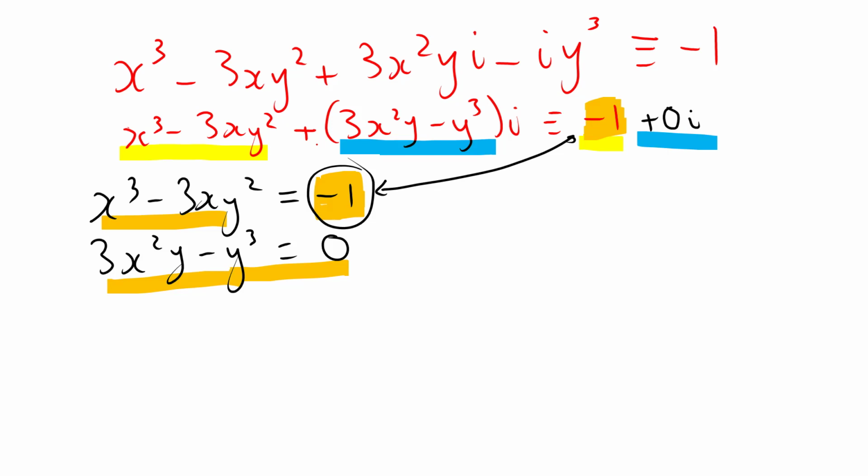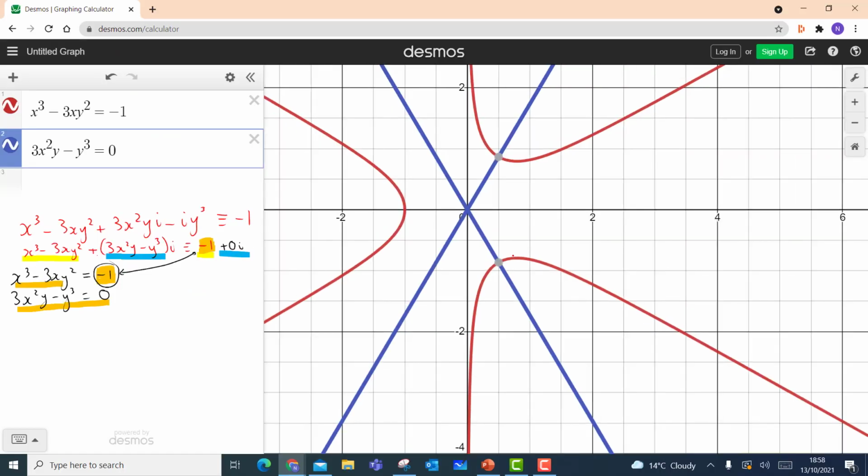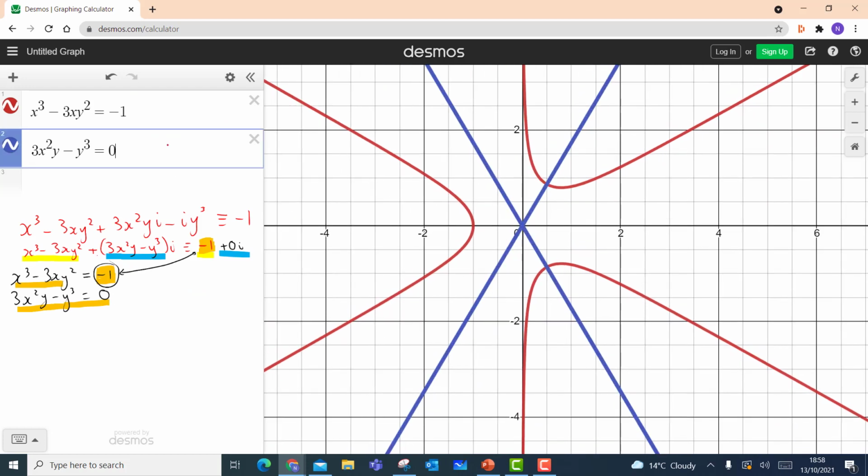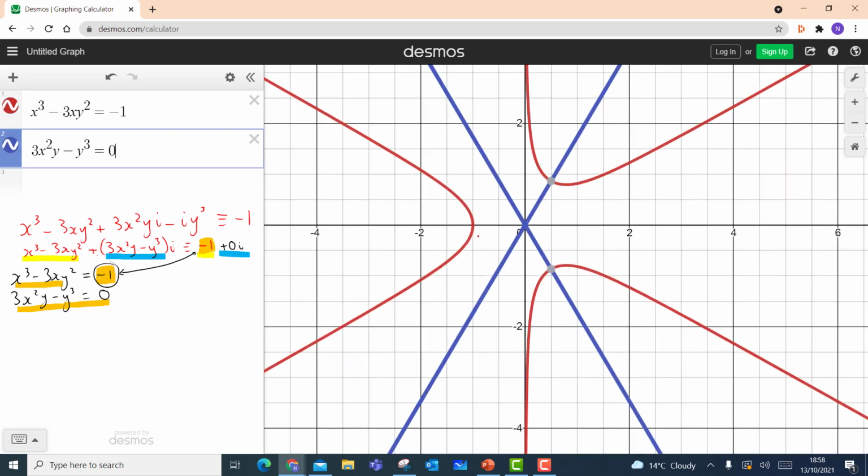What I'm going to do is I'm just going to use Desmos. I'm just going to use a graphing calculator to do this. So I've plotted both of these graphs, and the solution to these simultaneous equations is just the intersections here. x is 0.5, y is 0.866, and x is 0.5, and y is minus 0.866. These are my two solutions.